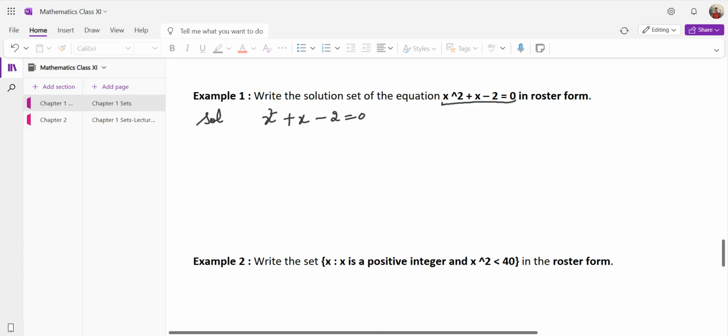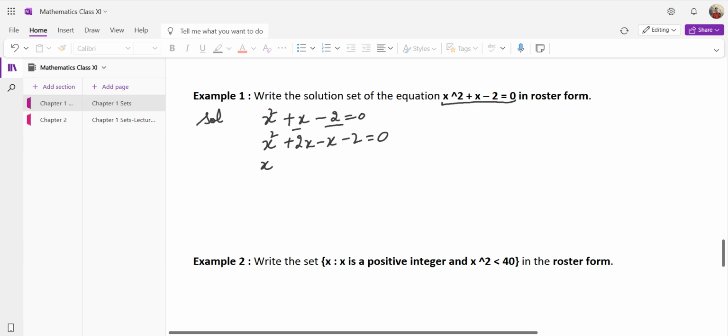One can easily find the roots of this equation by finding the numbers whose sum is 1 and product is minus 2. We can write it as x square plus 2x minus x minus 2 is equal to 0, and factorize.